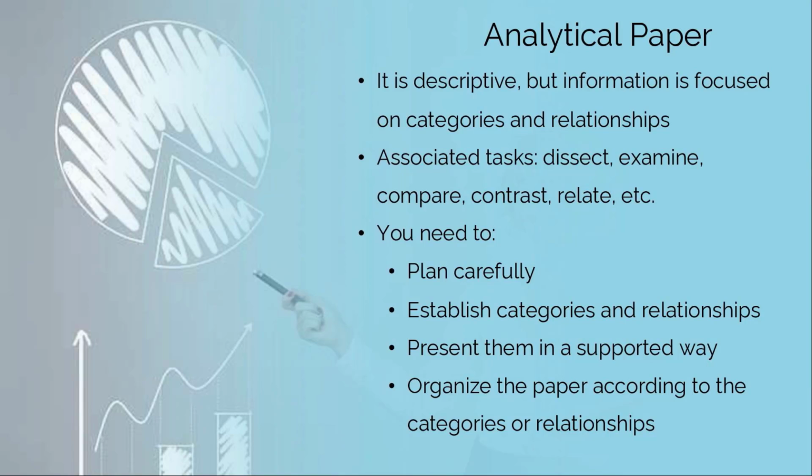Sometimes you work with categories or relationships that had been identified before, but many times you create them specifically for your paper. That proves your understanding of the content. The suggested actions in the slide are intended to help you visualize how to compose this kind of text.